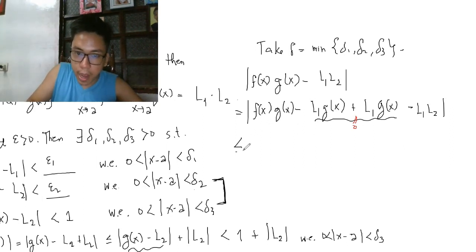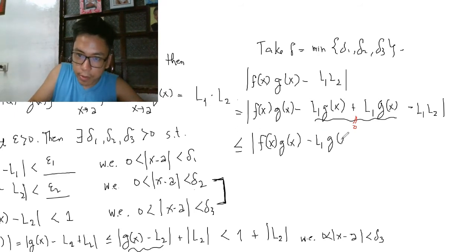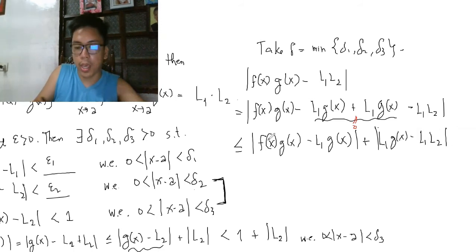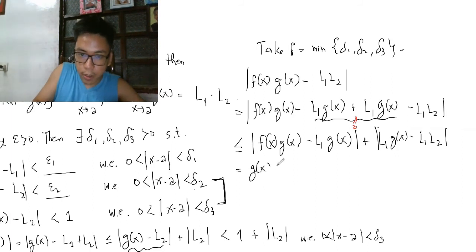Technically, this is less than or equal to, by the triangle inequality, I can separate them. So I have the absolute value of f of x g of x minus L1 g of x, plus the absolute value of L1 g of x minus L1 L2. Okay, and I can extract, by the way, the g of x here. And so I have the absolute value of f of x minus L1, times the absolute value of g of x.